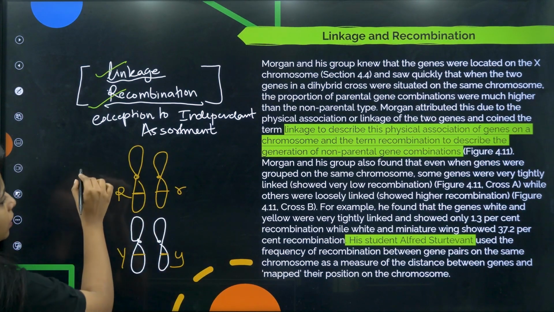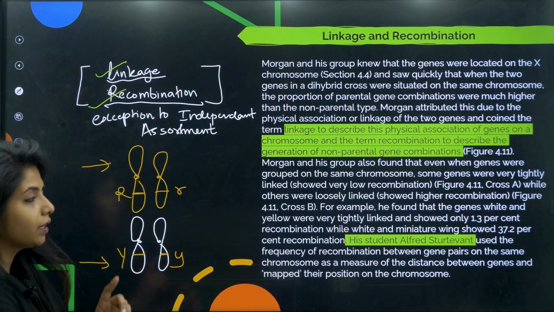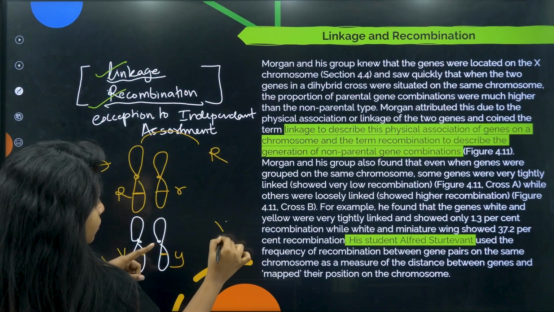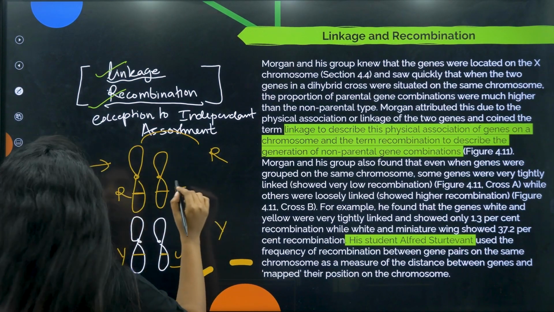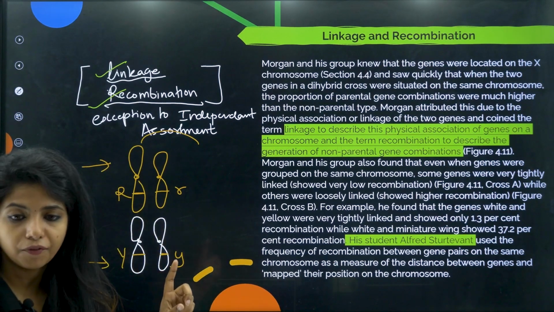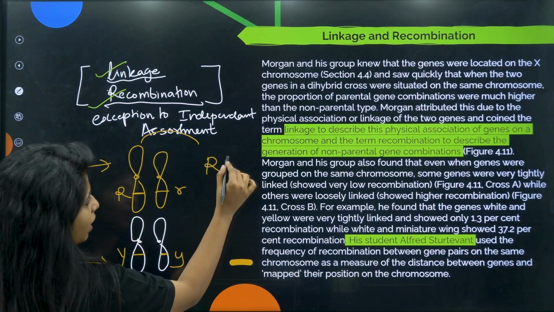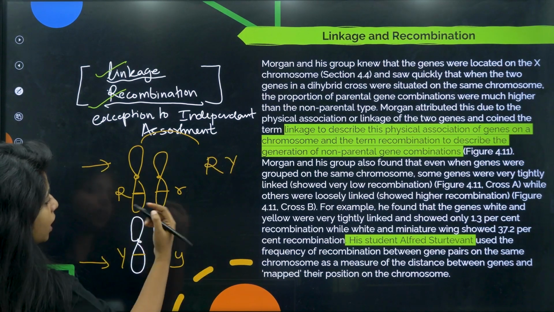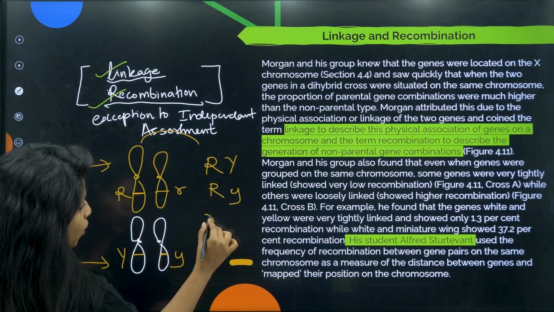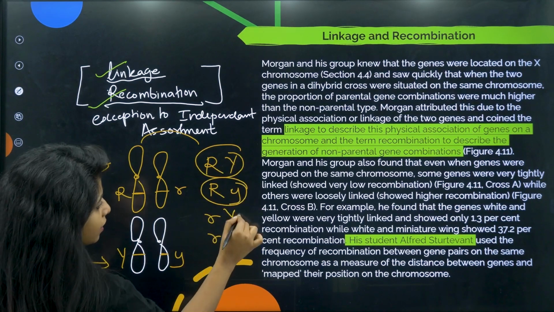So one pair of characters is on one chromosome, another pair of characters on another chromosome, and now when the chromosomes segregate, one among them will go, so either it can be capital R or it can be capital Y, right. So the combinations of gametes that I can find: in a gamete, R can come, here Y can come. Similarly, the next combination is R with small y. Now with small r, big Y can come, and with small r, small y can come. So these were the possible gametes over there.